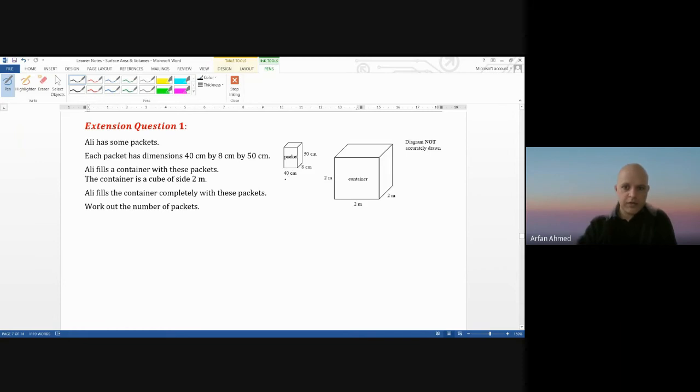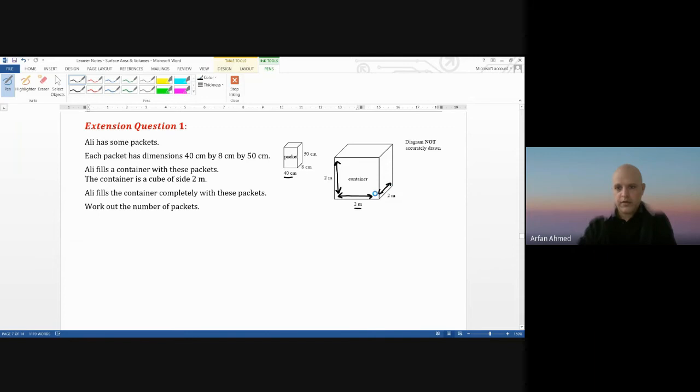I'm going to see how many of these go into this. So how many 40 centimeters go into 2 meters? So how many can fit along this way? How many can fit this way? And how many can fit this way?